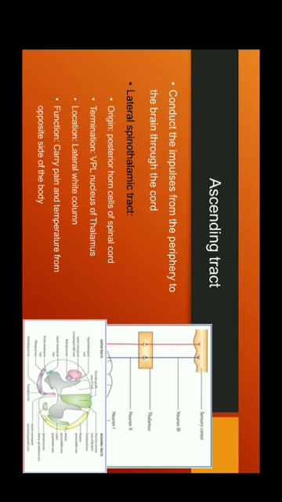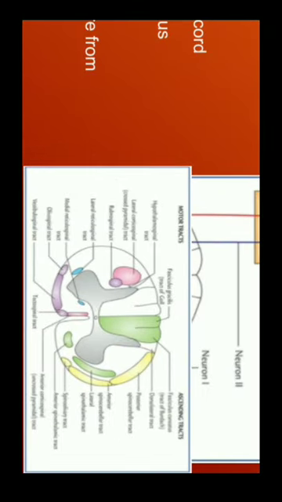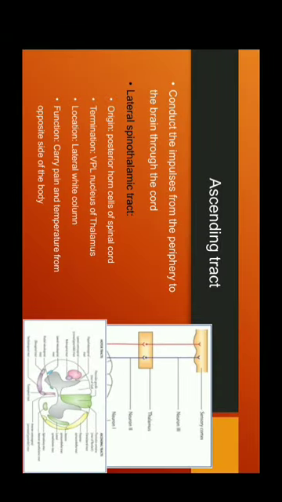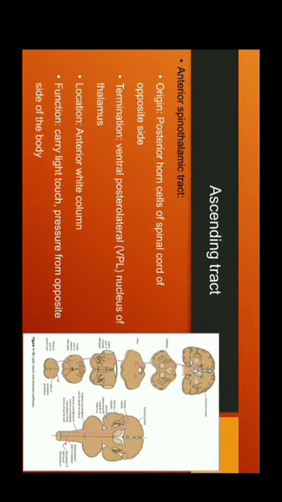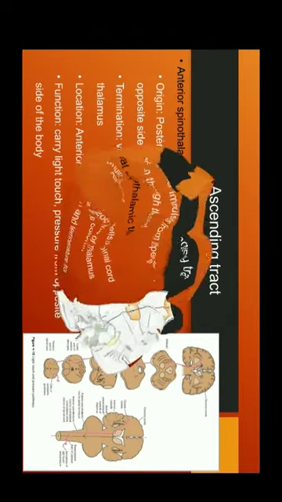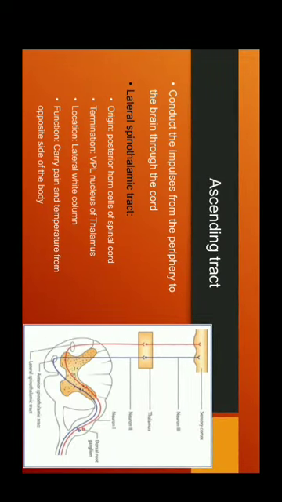Right here, in this picture, you can see half of this part is the ascending tract part, and here you will see the lateral spinothalamic tract. Yes, right here is the lateral spinothalamic tract. So the fibers, as I said, ascend upwards and relay in the thalamus.